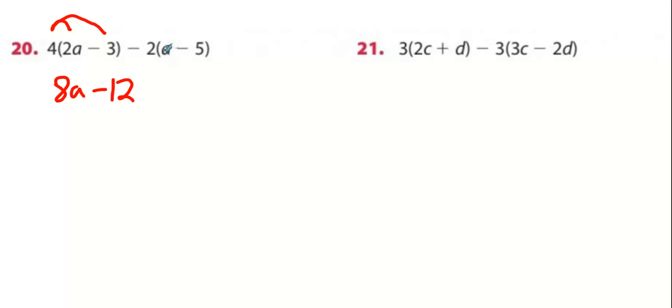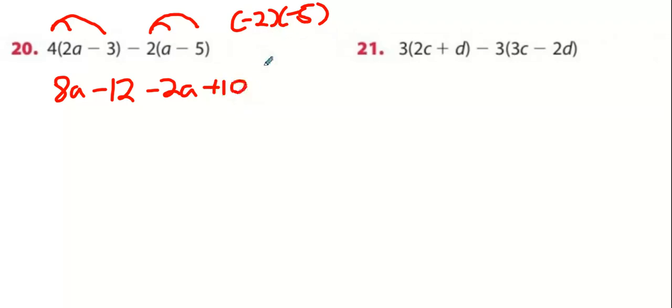Now, what's minus 2 times a? Yeah, 2a. And what's minus 2 times minus 5? Minus 5. Double negative. Plus 10.